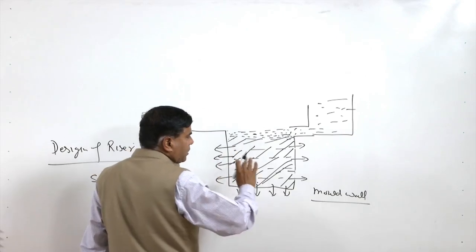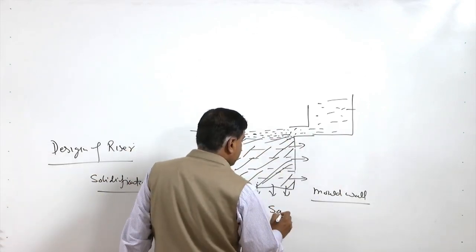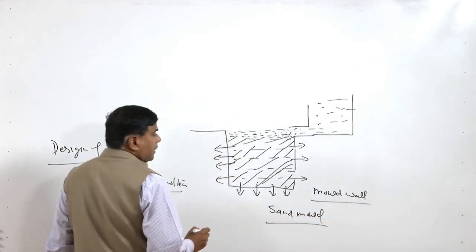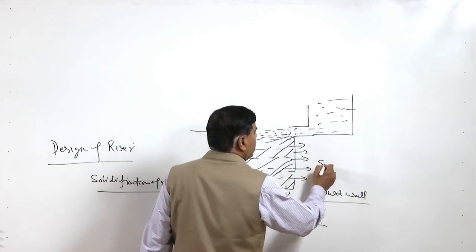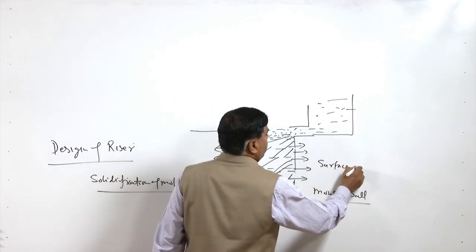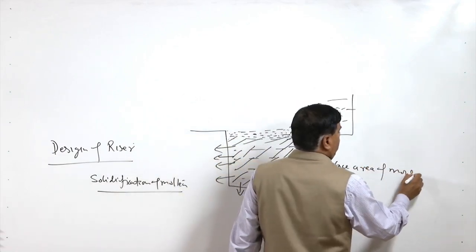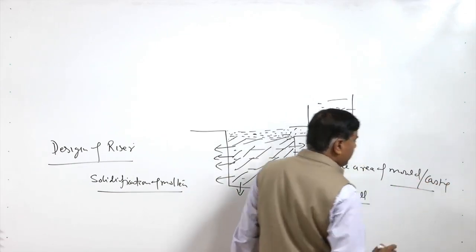In addition to that material aspect, for a given sand mold, the rate at which heat will be transferred will depend upon the surface area of the mold, or we can say the casting, which we will get after the solidification of the molten metal.